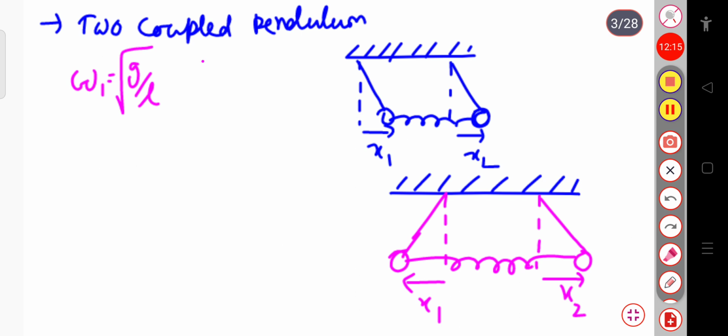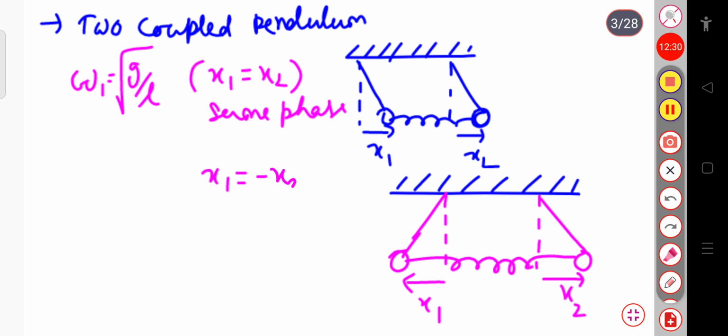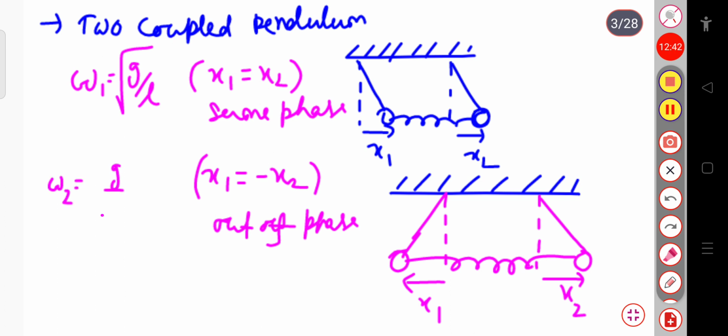When x1 equal to x2, that is when they are in the same phase, omega 1 will be equal to root of g by L. But when x1 equal to minus x2, that is out of phase, you can write omega 2 equal to root of (g by L plus 2k by m).